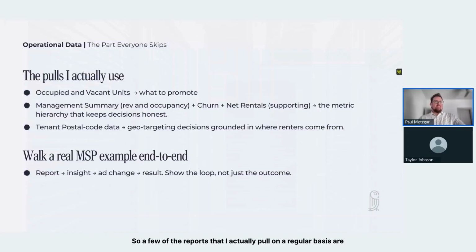So a few of the reports that I actually pull on a regular basis are going to be the occupied and vacant units. And it really helps me start to see patterns for what types of units need to be advertised or promoted. I'll also pair that with the management summary to look at revenue, to look at occupancy, but then I'll also try to start looking at the churn rate to get a better idea of the lifetime value of a customer and the net rentals on a given month to really understand any momentum.